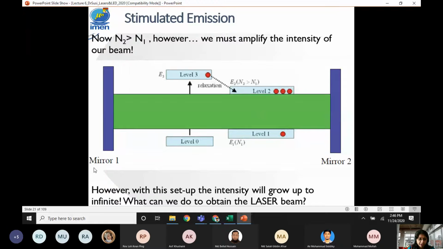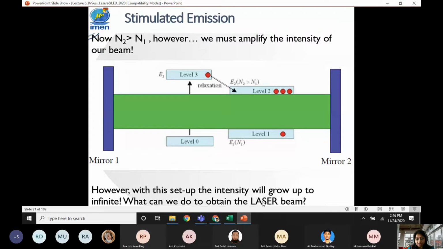We use mirrors inside a laser. You have mirror 1 at the bottom and mirror 2 at the top. It can be bottom and top, or it can be left and right, depending on what kind of laser. Edge emitting, it is left and right. If it is surface emitting, then it's top and bottom. With this setup, the intensity will grow up to infinite.